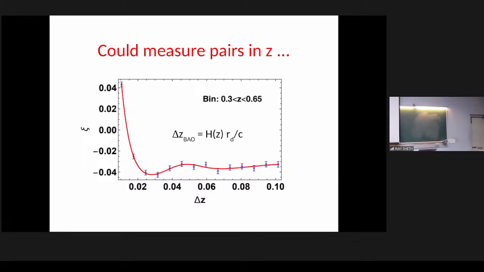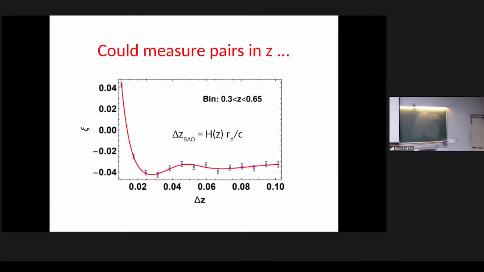The correlation of redshift distances, and you can kind of see a bump there. But this bump is a little bit difficult to measure. It's a little bit broad. And so people have started thinking about this, but the size of the error bars depends on how broad we make the bin in redshift.